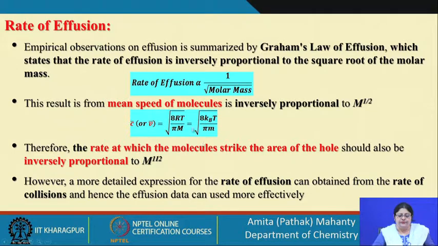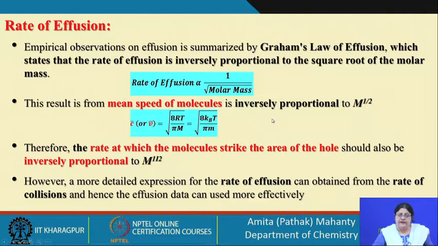So, the rate of effusion is inversely proportional to the molar mass, as given by Graham's law of effusion. This results from what? We have already got the kinetic model. Now, we know that it all results from the mean speed of the molecules being inversely proportional to the mass.